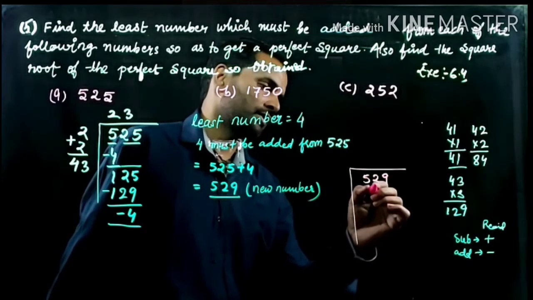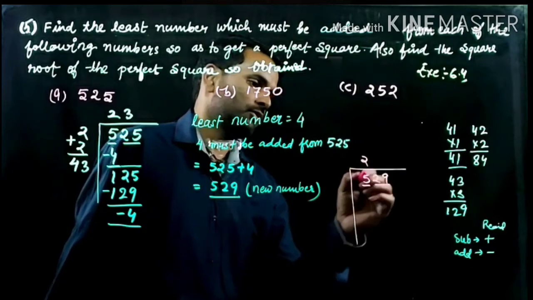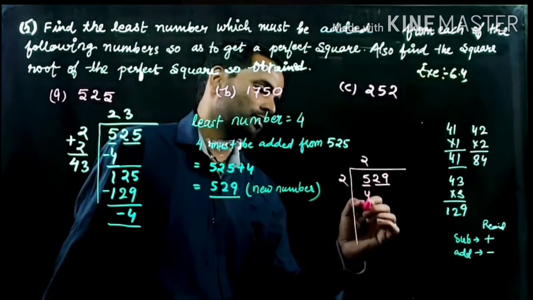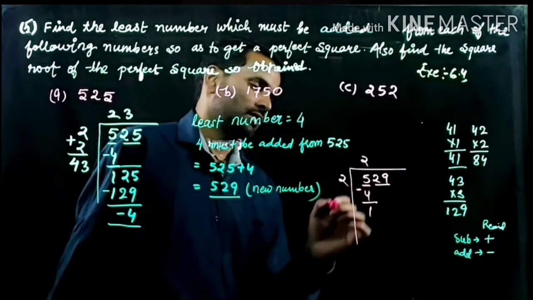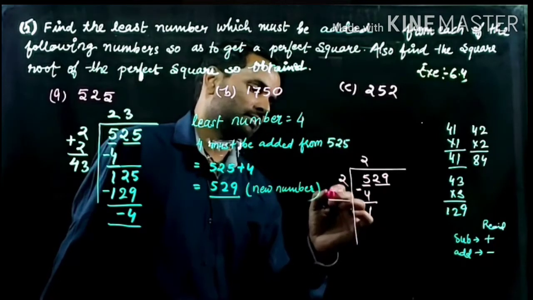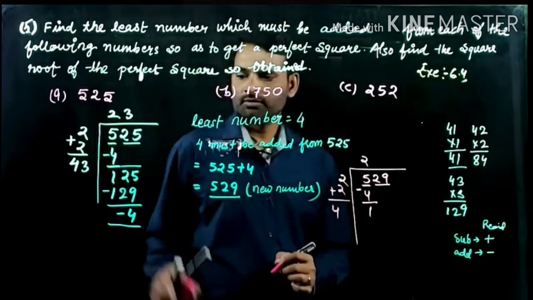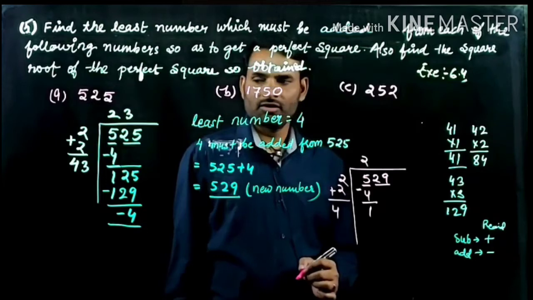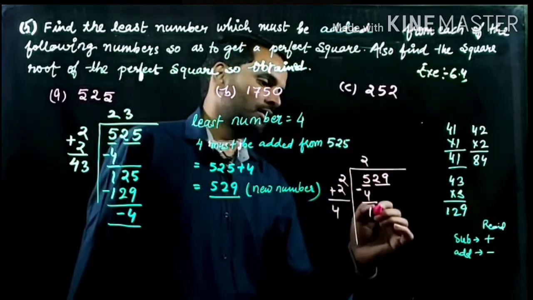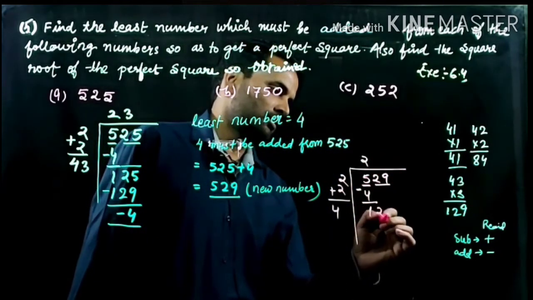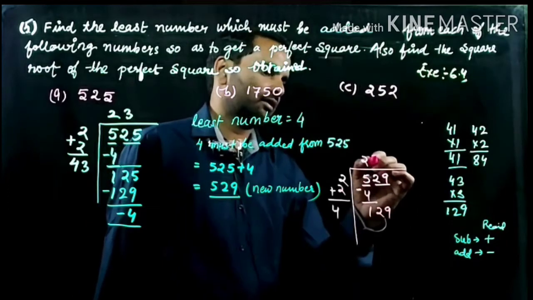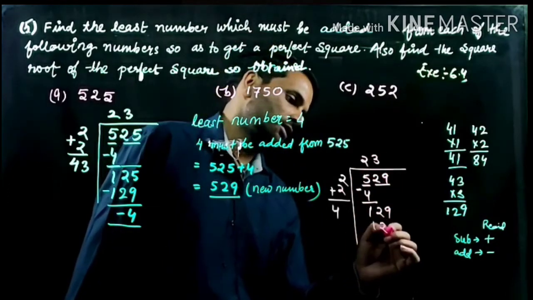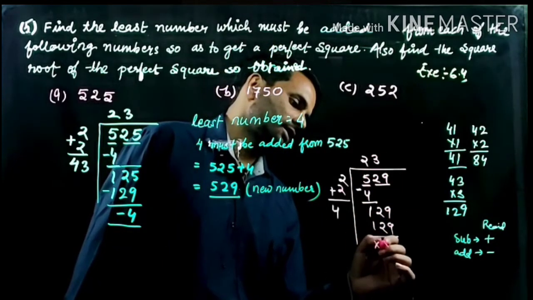529. First you make a pair. First, 2 times 2 is 4, the remainder is 1. Okay, and 2 will be added, it is 4. Okay, and here is a 3, and 29. Okay, and 3 times 3 is 9 and cancel.